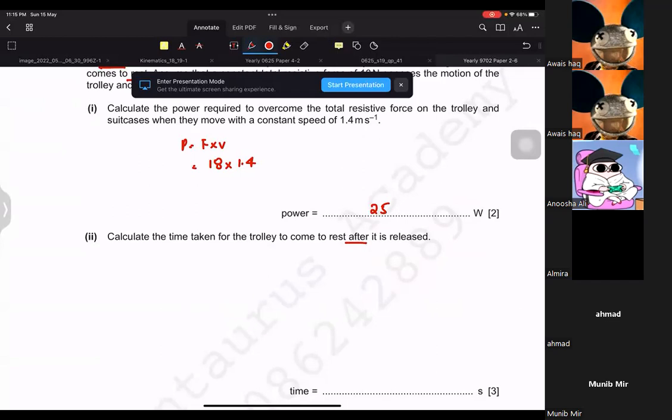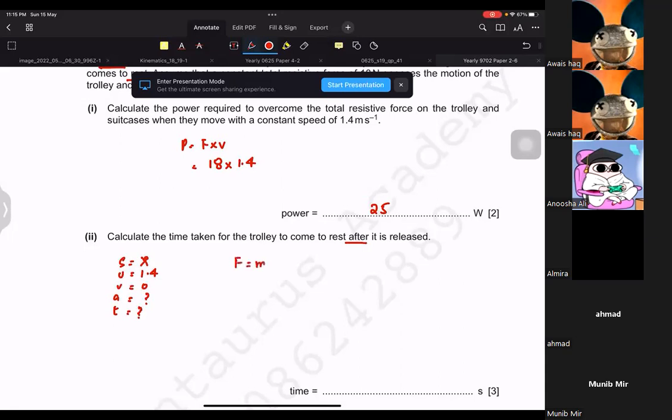First of all, we need SUVAT. The displacement is not given. Initial velocity is 1.4. Final is 0. Acceleration is not known. Time is not known. So we got to find acceleration.